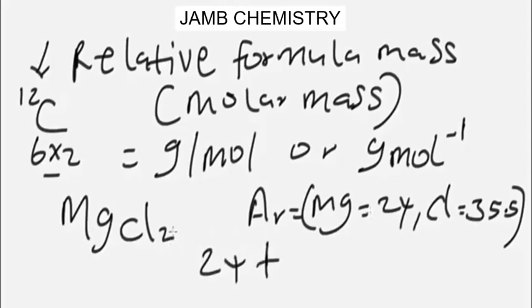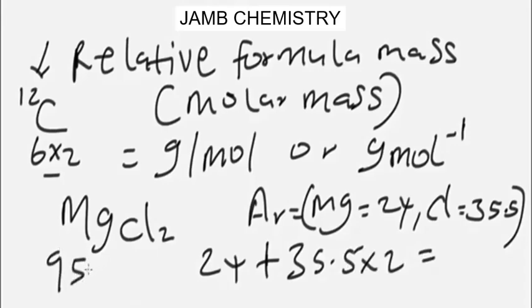We have 2 atoms of chlorine here, so it will be 24 plus 35.5 times 2. When you simplify this in a calculator, you have the output to be 95. The unit of molar mass is gram per mole, so this will be the answer to this question. It's as simple as that.